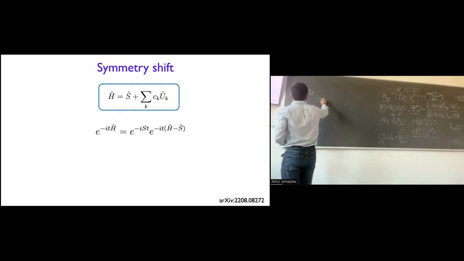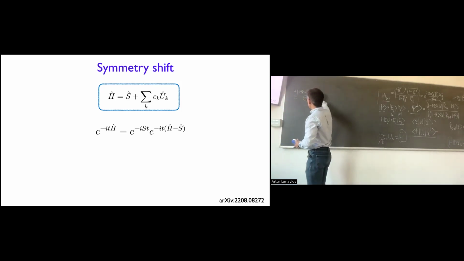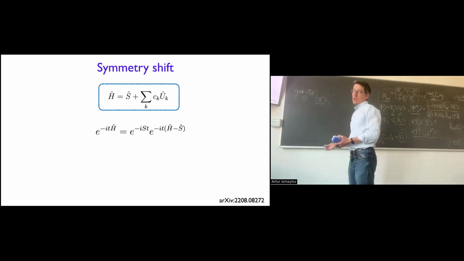Then when we apply it to the system function that is also an eigenstate of the symmetry, this becomes just a number, doesn't really change anything.